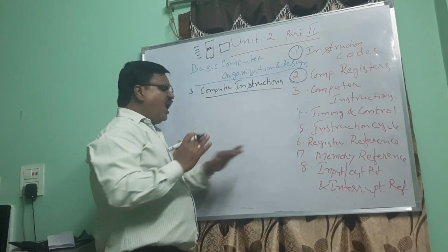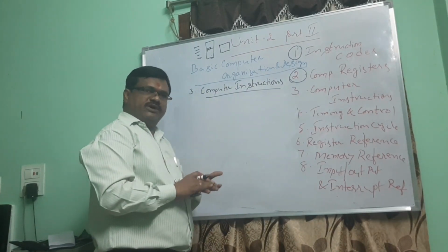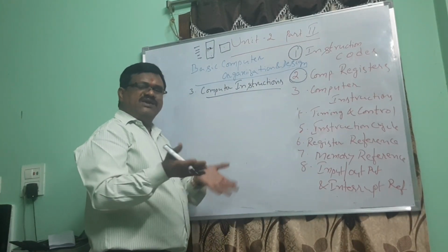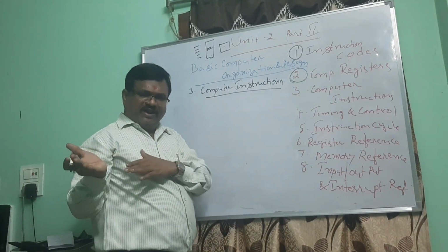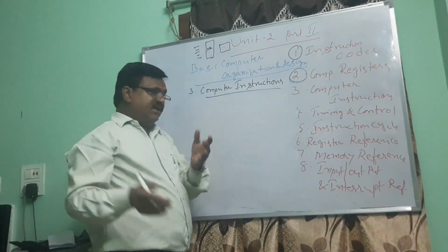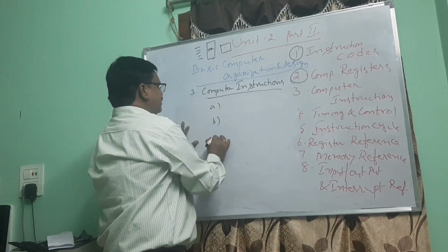I am repeating, all the instructions that are being used by a computer to perform a certain task given by the user, to fulfill the user's expectations, are classified into 3 categories.